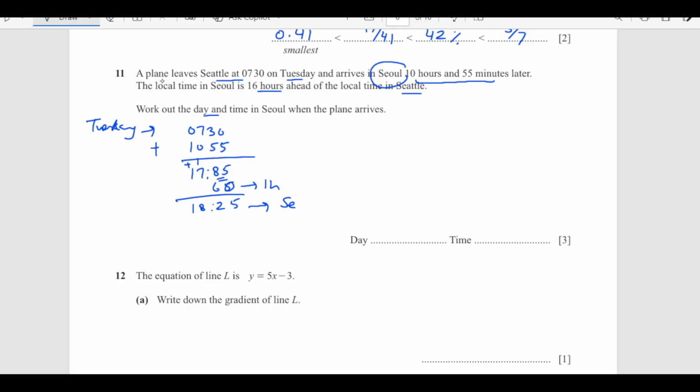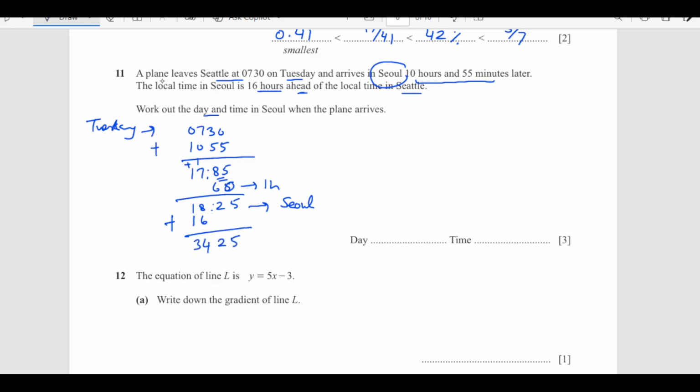Seoul, right? The plane is here. Now we are given that the local time in Seoul is 16 hours ahead. So if this is 16 hours ahead, we are going to add 16 to this. So I got 34 and 25.